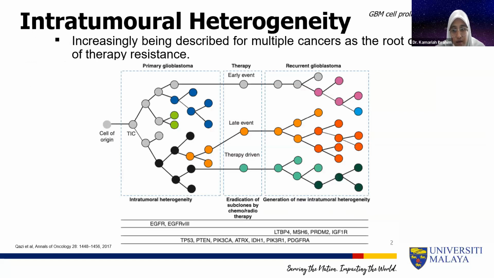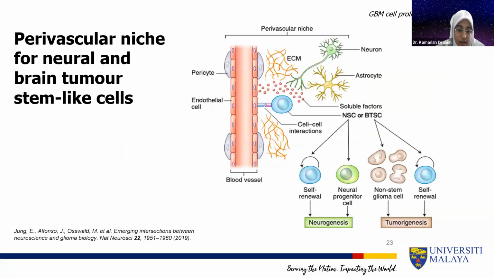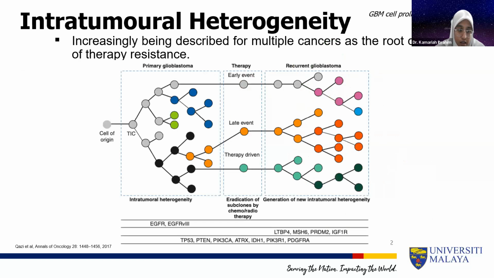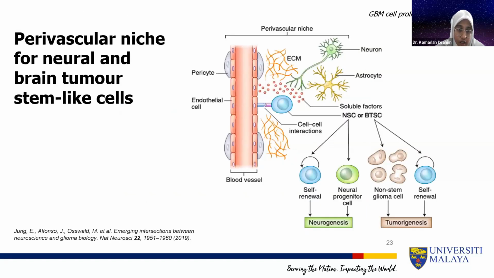Okay, one of the reasons GBM is a bit tricky to treat is because there is intratumoral heterogeneity, as well as intertumoral heterogeneity, which occurs within the GBM cells. Also, there's a perivascular niche for neural and brain tumor stem-like cells.